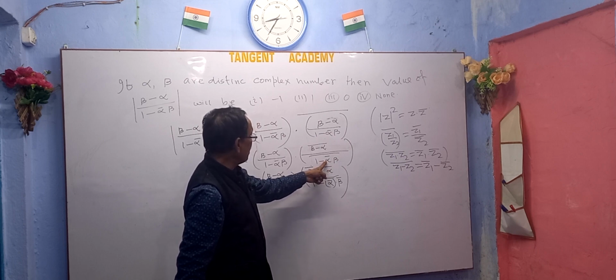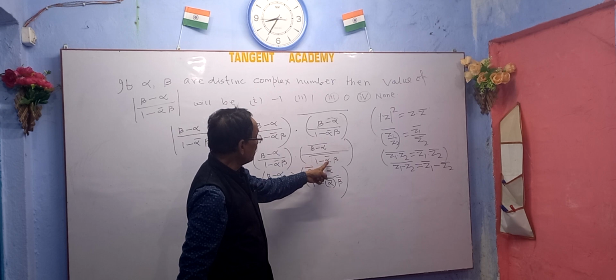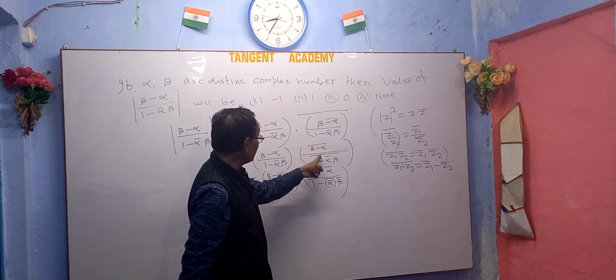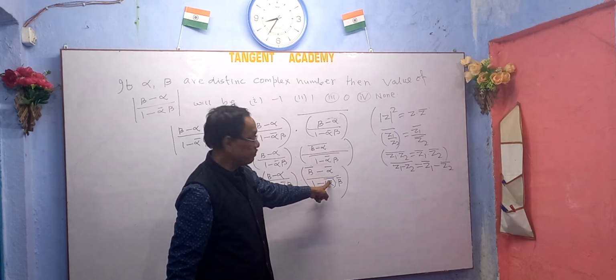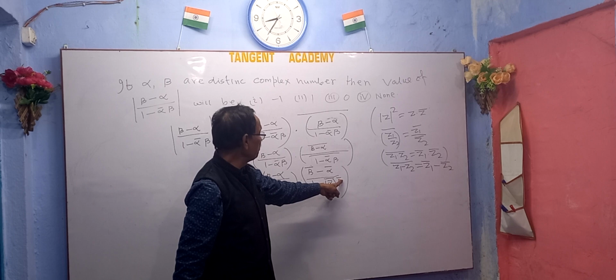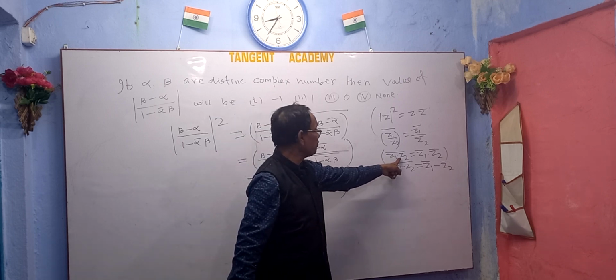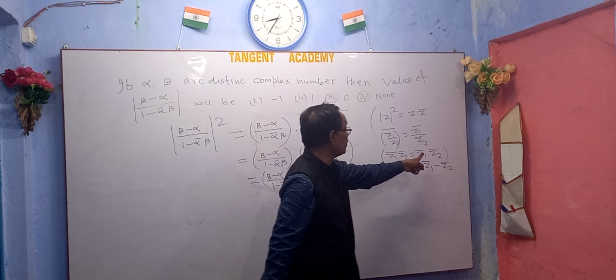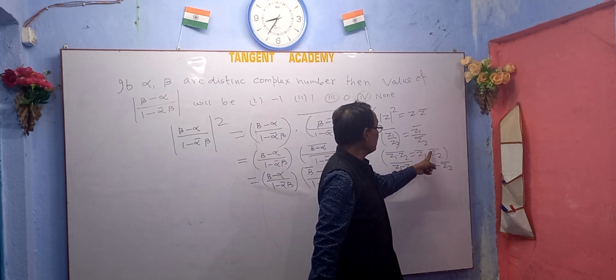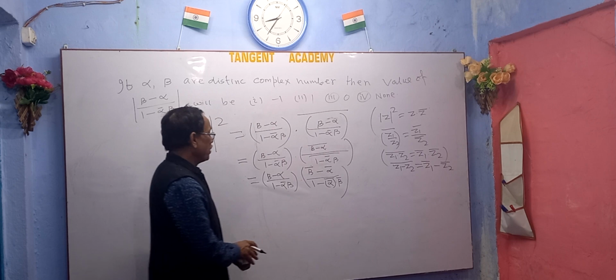Also alpha bar already has a conjugate, so when this sign is applied on alpha bar, it can be written as alpha bar whole bar into beta bar, according to the product property.